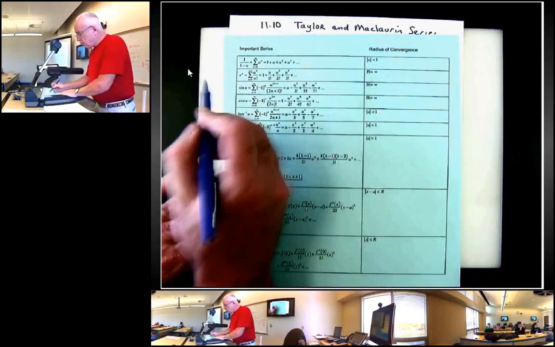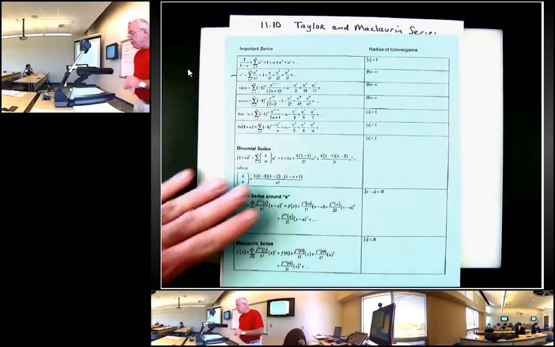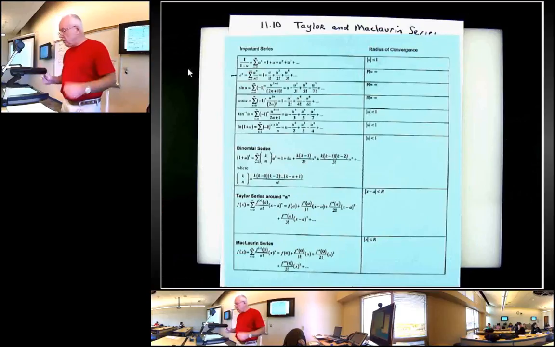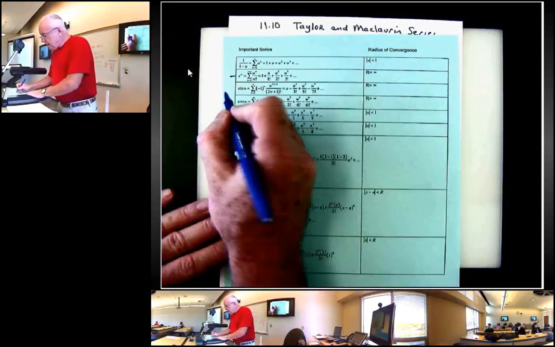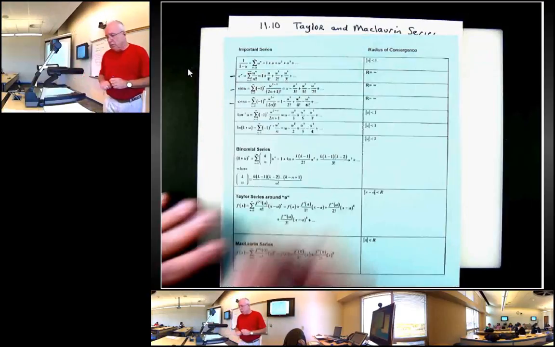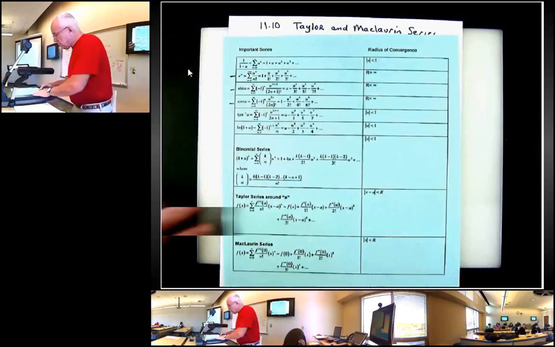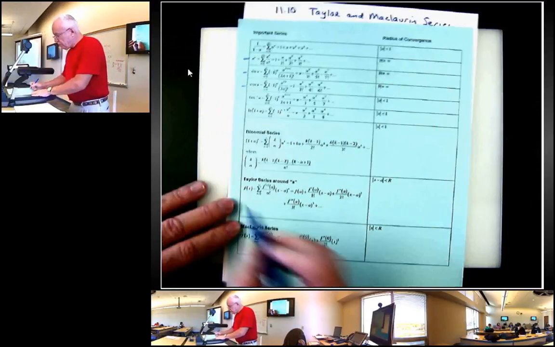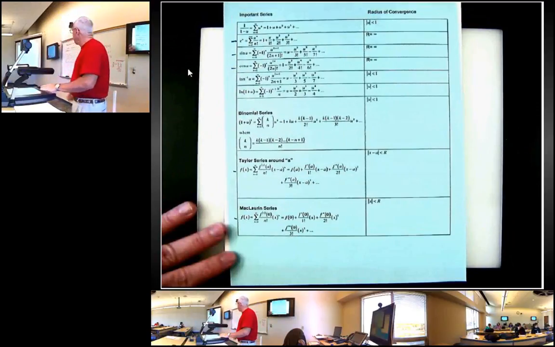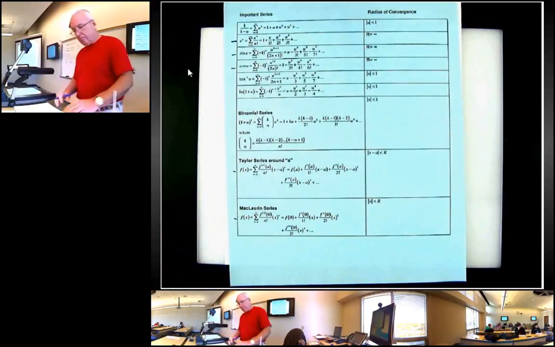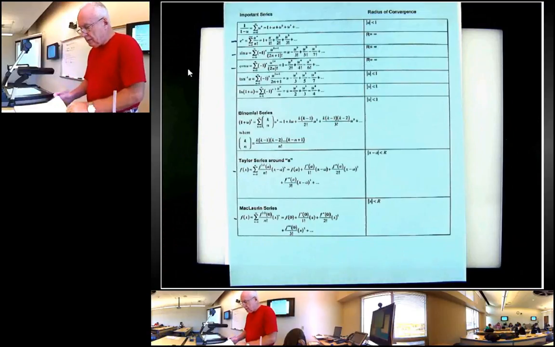We had gone through the expansion of the e to the x or e to the u function, sine, and then we talked about the cosine. And here's the general format of the Taylor and the Maclaurin series. So let's see where we are then.